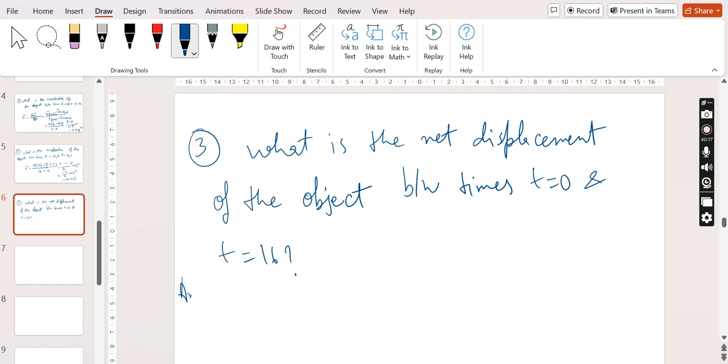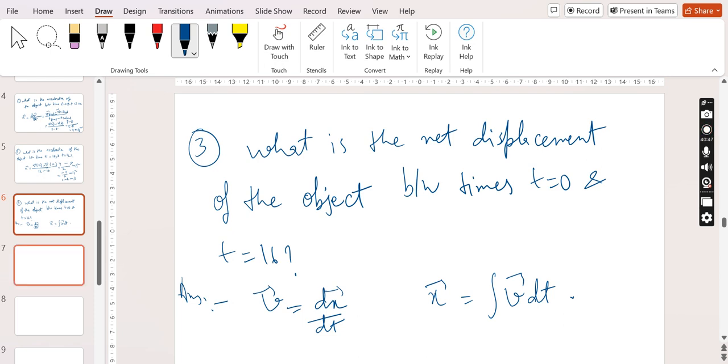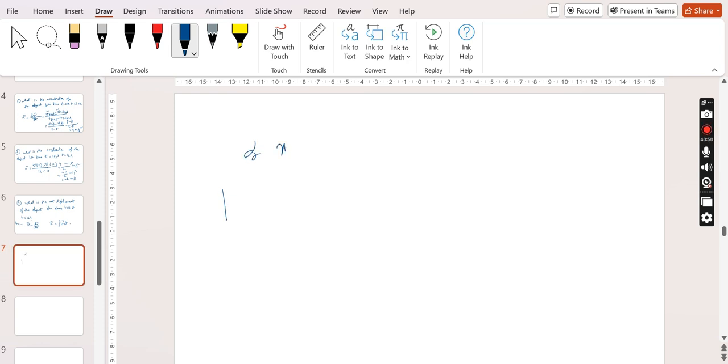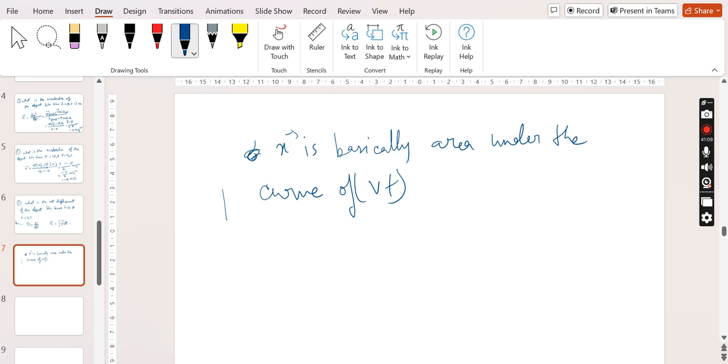So basically, v is equal to dx by dt. Integration means this x is basically the area under the curve of the vt graph.